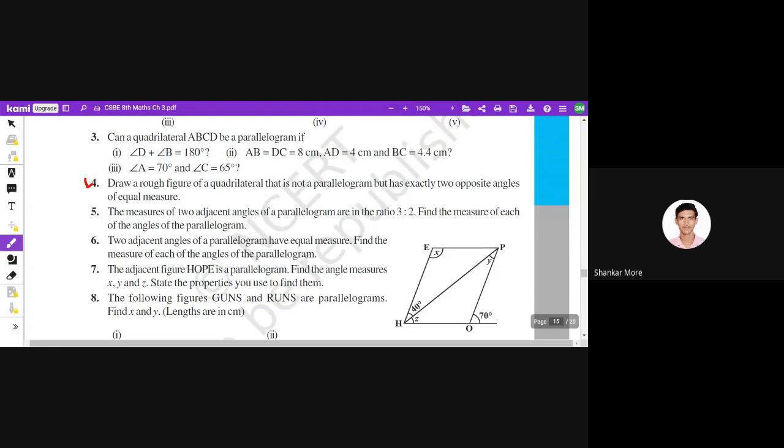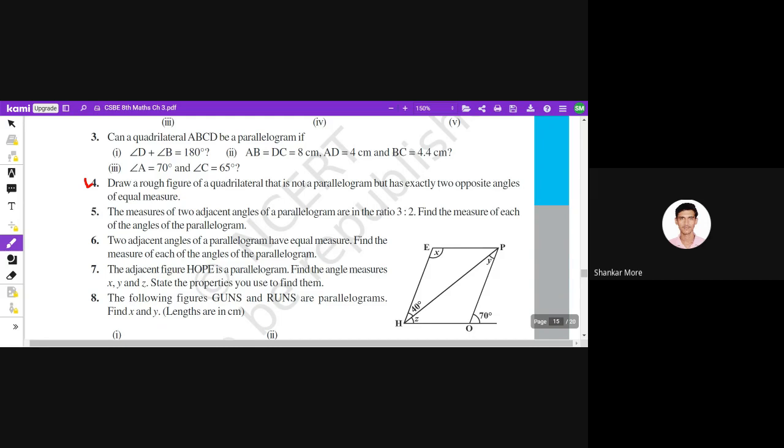Now you must know the property that the sum of the measures of adjacent angles of a parallelogram is equal to how much? What is the sum for adjacent angles of a parallelogram, students? Is it 180 degrees? I'm talking about adjacent angles, not all the angles. Yeah, 180 degrees exactly.